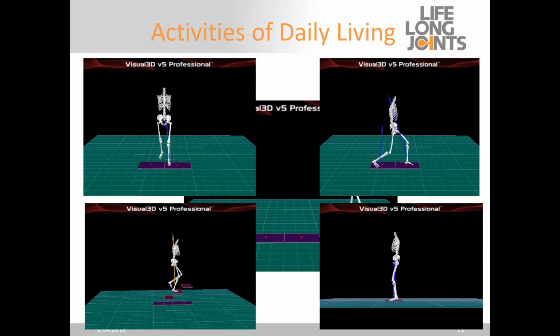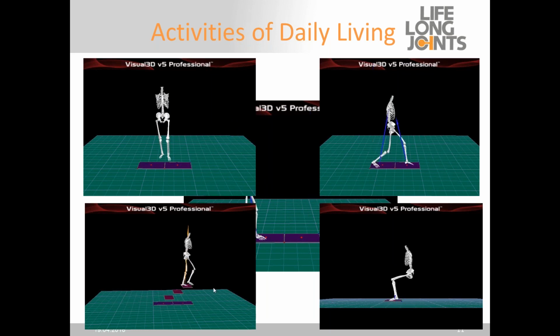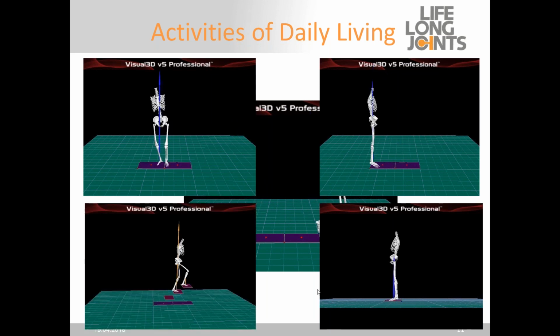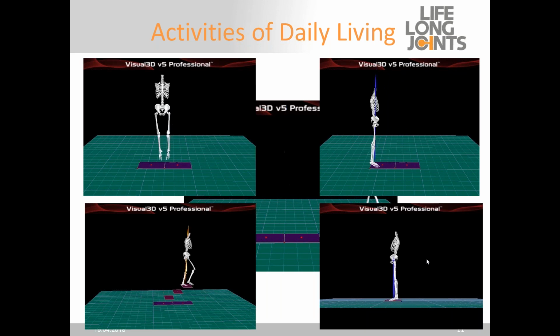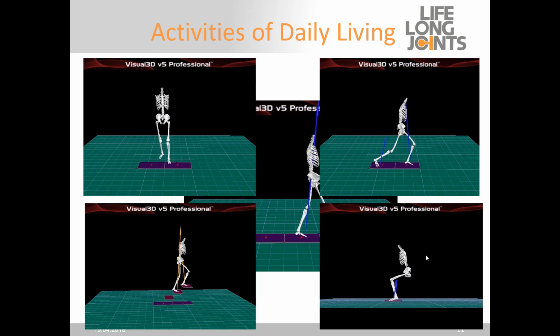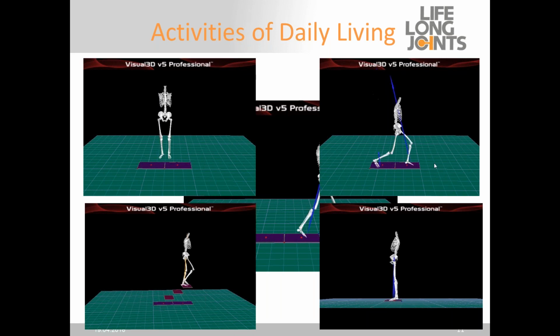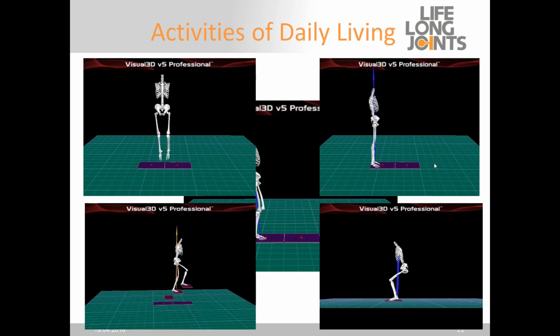So we looked at some of the typical activities our patients would do on a day-to-day basis, such as stair ascent and stair descent. We also looked at the sit-to-stand movement and obviously the stand-to-sit in reverse. But we also asked our patients to perform some more adverse conditions, so things such as lunging here, which put the hip joint at a different angle and a different load compared to the normal activities of daily living.